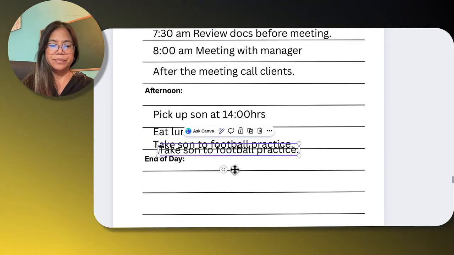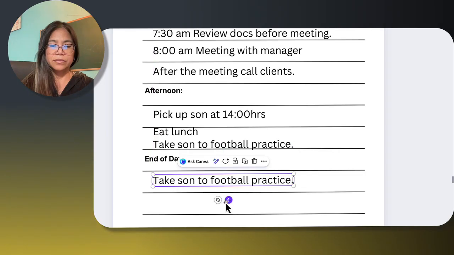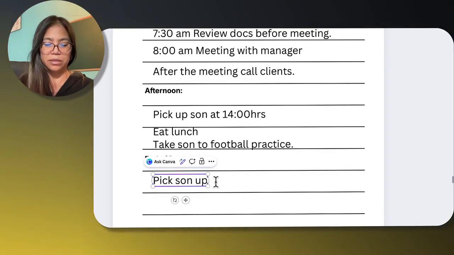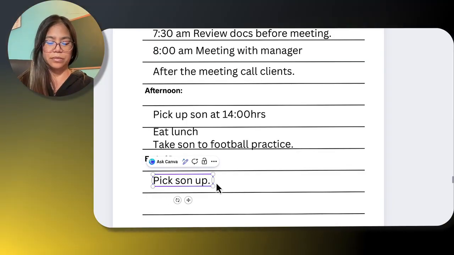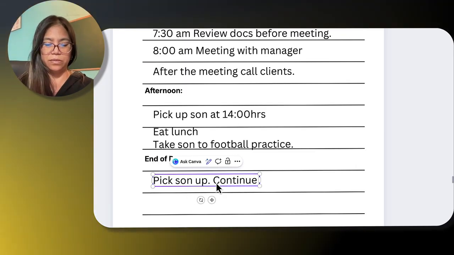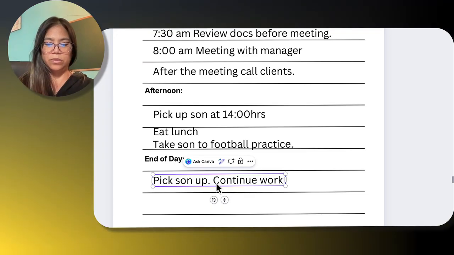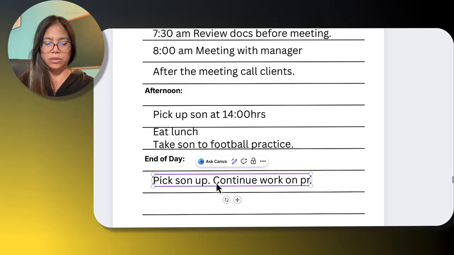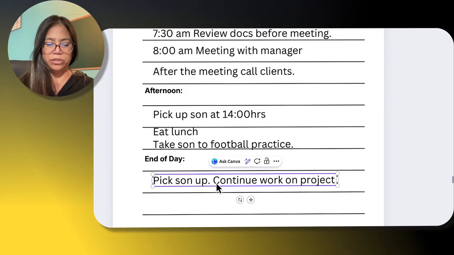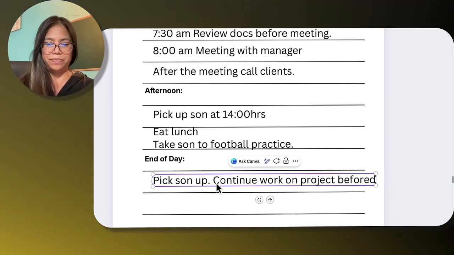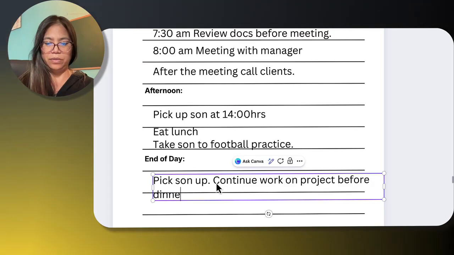End of day. Pick son up. Continue work on project before dinner.